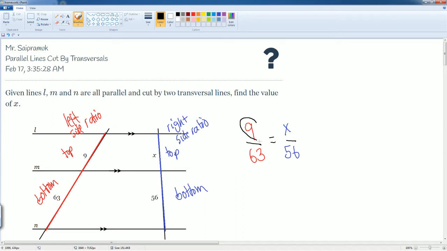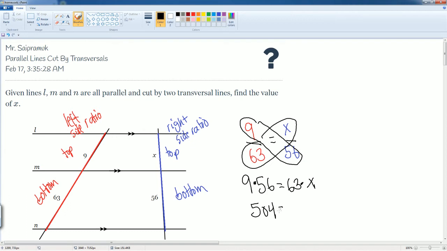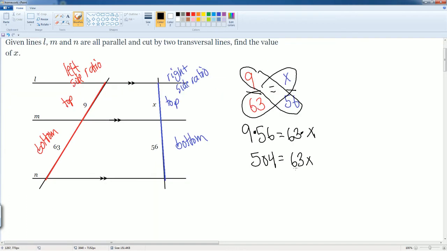Okay, now we can cross multiply. 9 times 56, you will need a calculator, is equal to 63 times X. So 9 times 56 gets you 504 equal to 63X. Divide by 63 on both sides to get X alone.